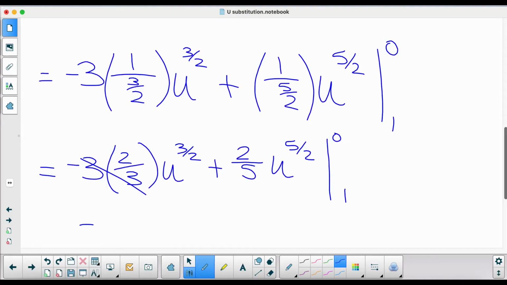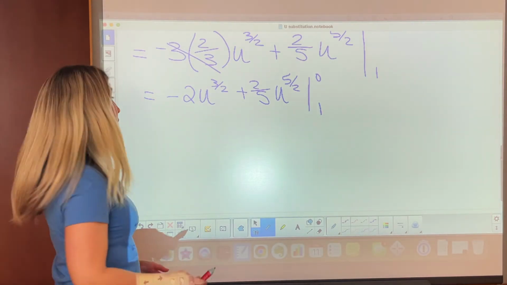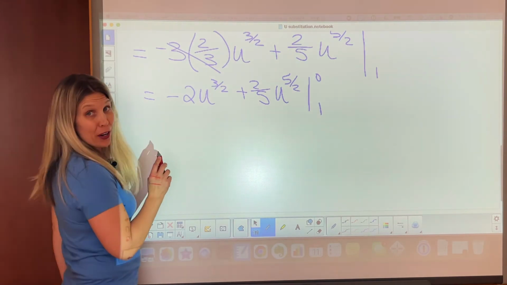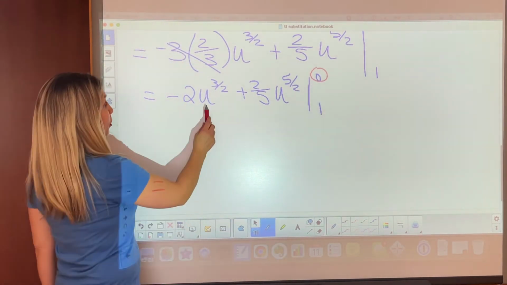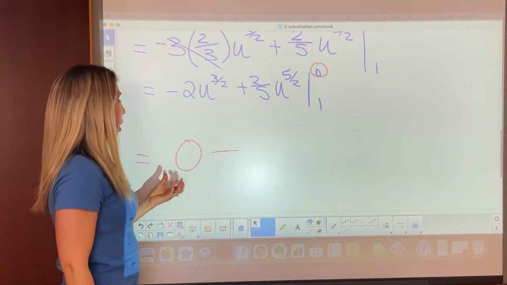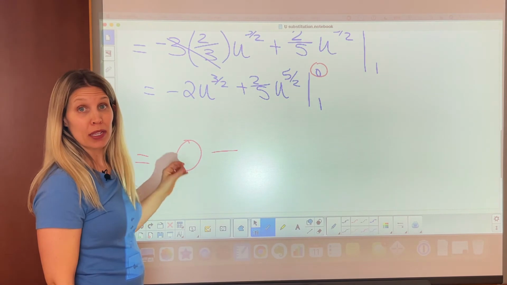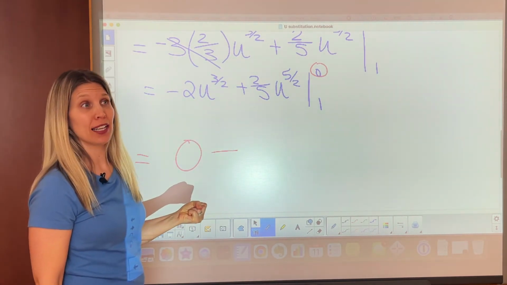So now you have -2 u to the 3/2 plus 2/5 u to the 5/2 evaluated from 0 to 1. Now let's go ahead and plug in. The cool part is f of b is 0. So when you plug 0 into u, all of that is going to drop out. I recommend you putting your 0 in here because it's f of b minus f of a, and you don't want to screw up a negative sign.